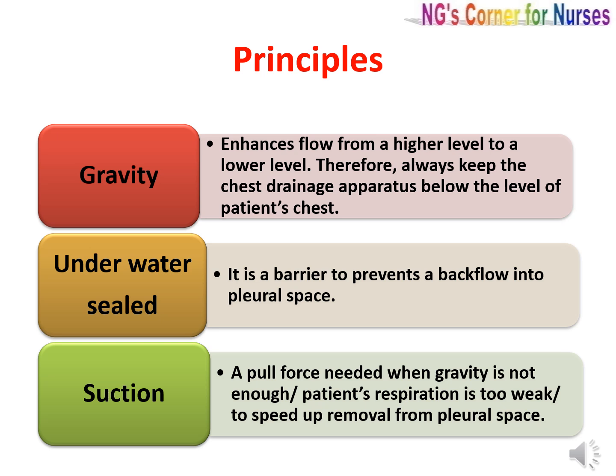This water seal is a barrier to prevent backflow into the pleural space. Third one is the suction. Suction is a pull force which is needed when gravity is not enough or when the patient's respiration is too weak or to speed up the removal from the pleural space.